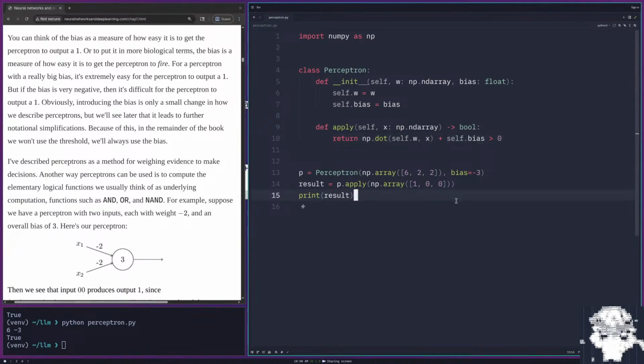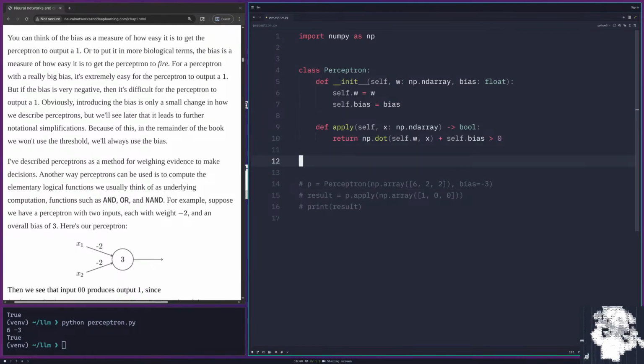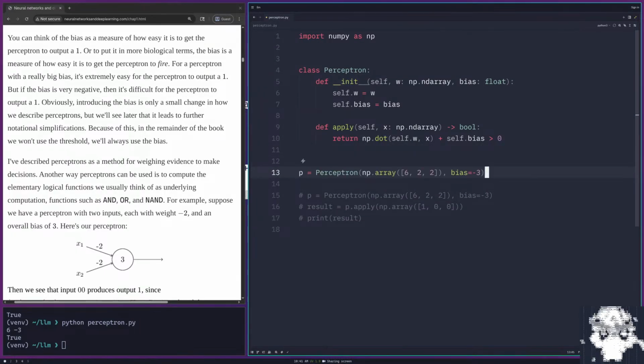Okay, let's implement it before we read forwards. Perceptron with weights -2 and -2 and a bias of 3.